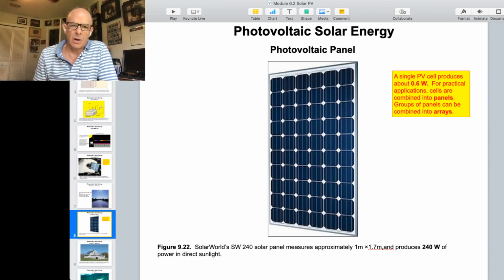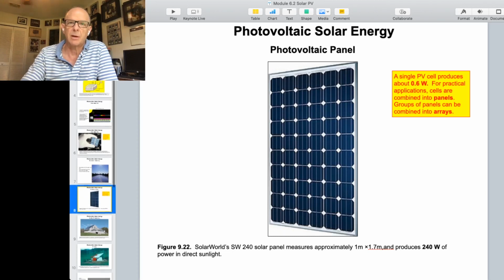So 240 watts is very much on the low end now. So this figure is just a few years old, but current panels are all over 300 watts of power. The ones on my house are 325, and my neighbor just got some that are 360 or 370. So the technology has been improving rapidly, and at the same time, costs have been coming down as well.